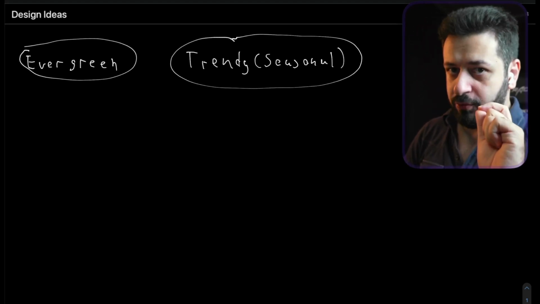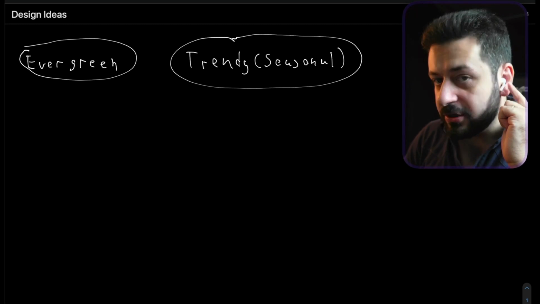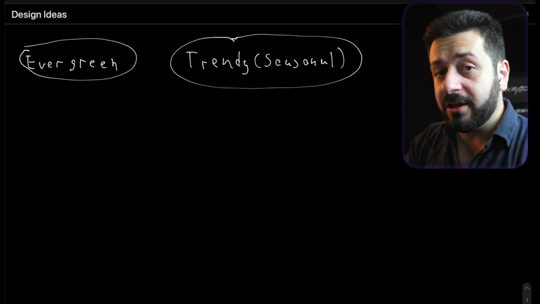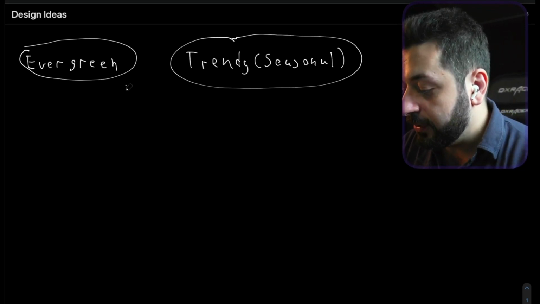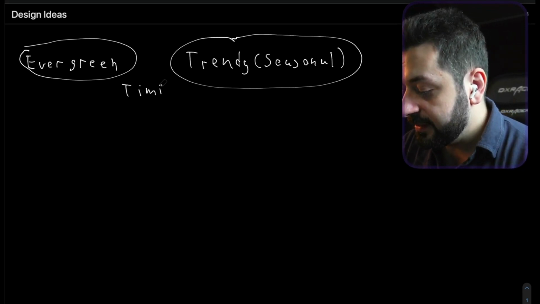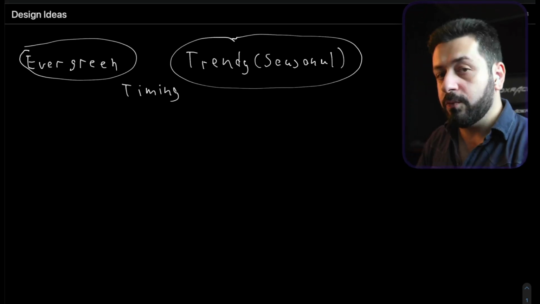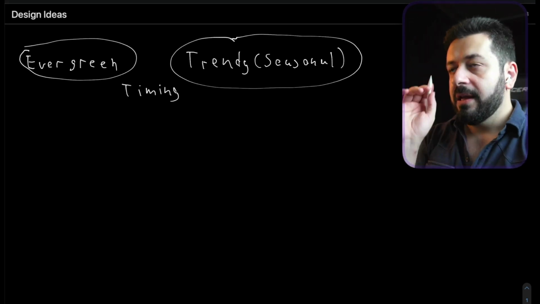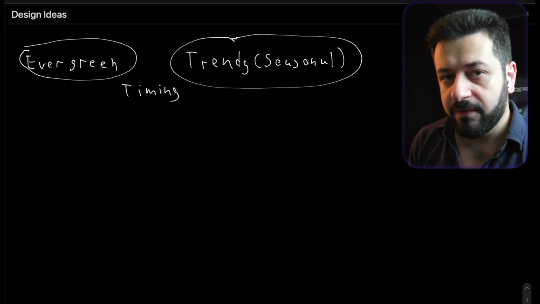Time is important. So timing is important. Evergreen content can be sold any time. So in this case, we are dividing our content into different zones, which is timing based. So basically, we are choosing our content based on timing. Evergreen content, sale time basically all the time, every day of the year.